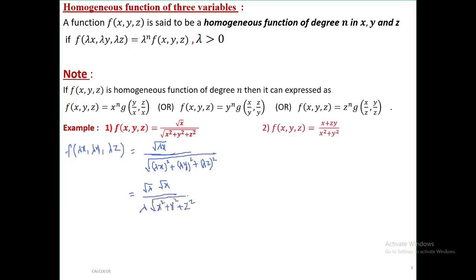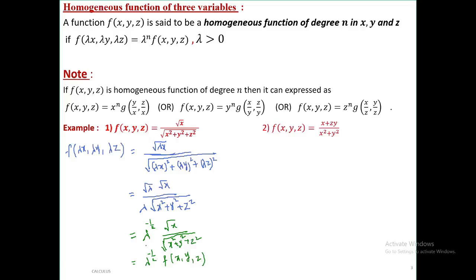So this can be written as lambda power minus 1 by 2 root x divided by square root of x square plus y square plus z square. So finally you will get lambda power minus 1 by 2 times f of x comma y comma z, the old function.